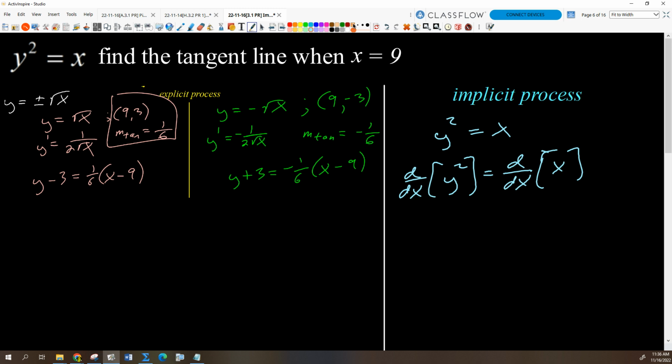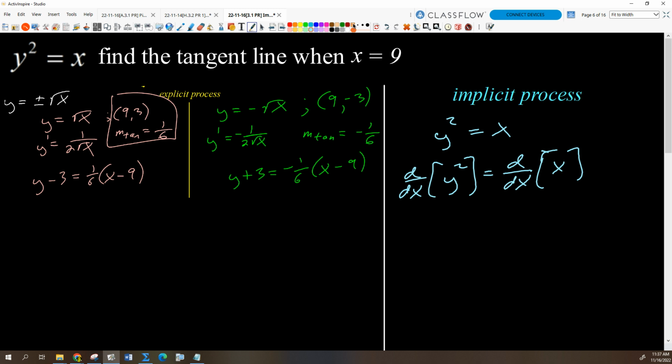Right side's easy. What's the derivative of x with respect to x? 1, right? Okay, what's the derivative of y squared with respect to x? Okay, so the first layer is the derivative of hand squared is 2 hand, right?